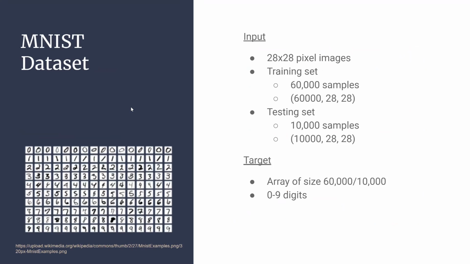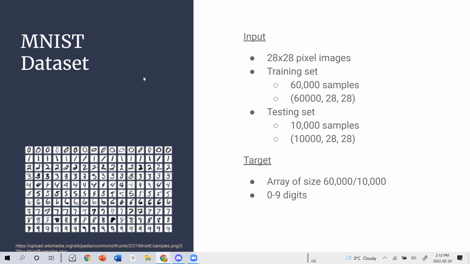And the data that we're going to use is the MNIST dataset. It has these images of digits. If you'd like to know some of the specifics, these images are 28 by 28 pixels. There's the training set, and there's also the testing set.